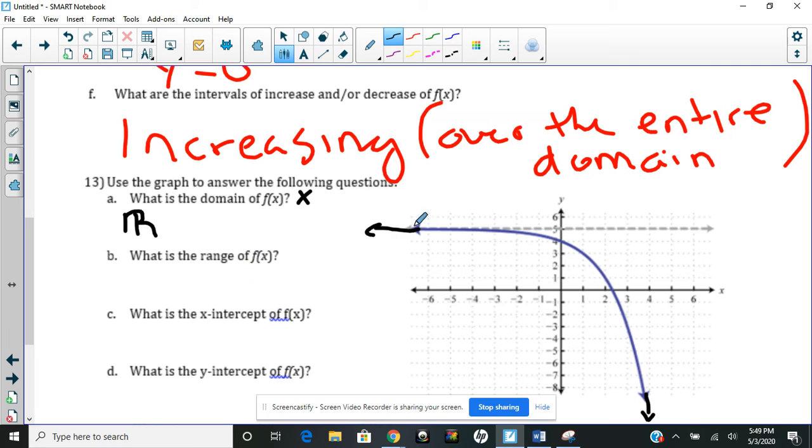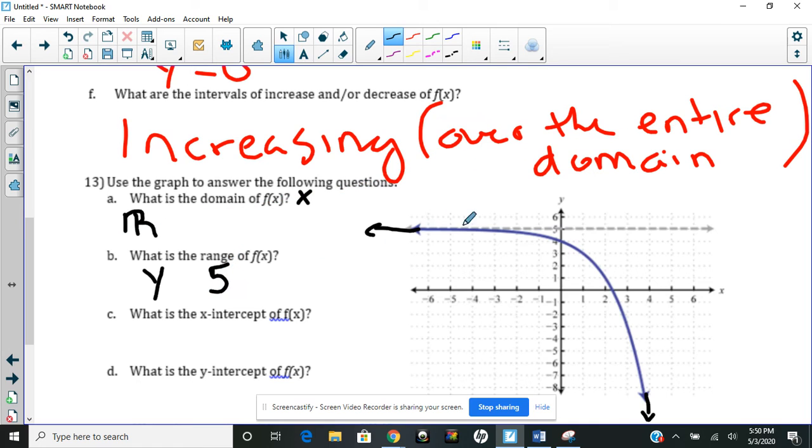Okay, the range. They were nice and they gave us the dotted line here. We didn't have to draw it in. But if they don't put a line on that graph, you want to go through and put a line where the graph gets straight, where it straightens out, because that's going to help you with the range. So we said y, and we have 5, because that's where it gets straight.